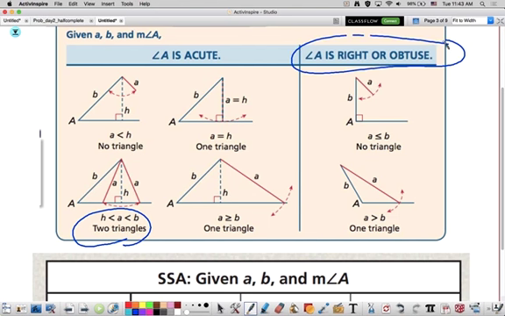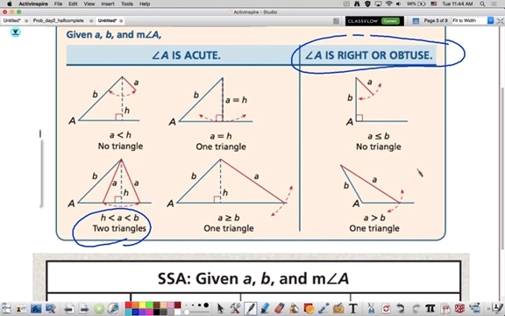Maybe A is right or obtuse. Here are some more tricky cases. If a is less than or equal to b, no triangle, not possible. Why? Because b is going to be the shortest distance. Here's a right angle, and this is the shortest distance. If this is equal to b, it goes right there. That's not a triangle. If it's less than that, it won't touch the side. It's not a triangle.